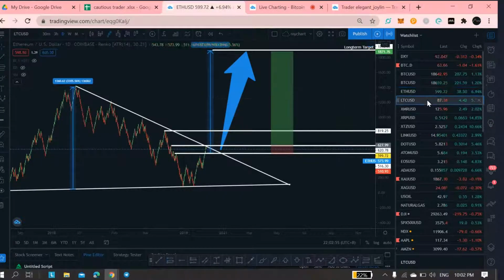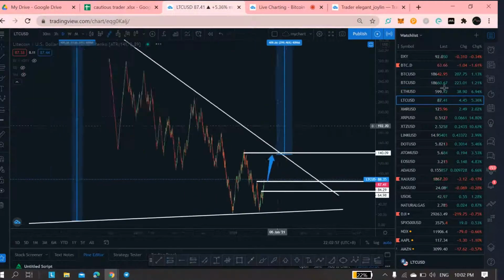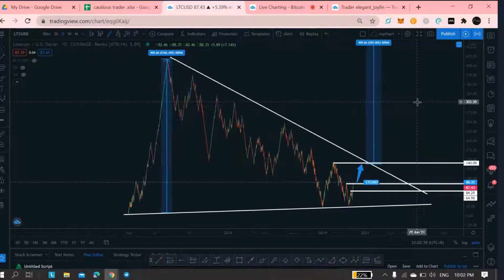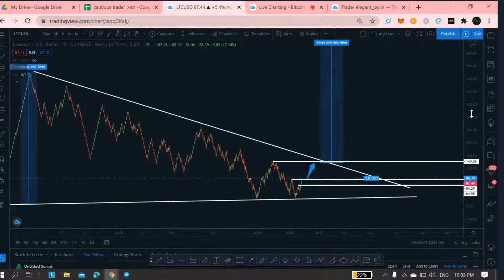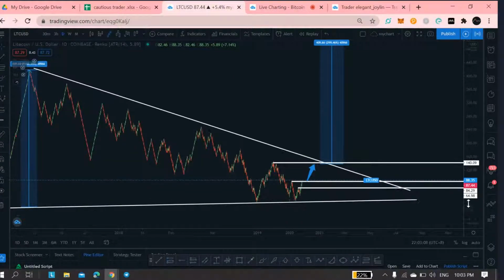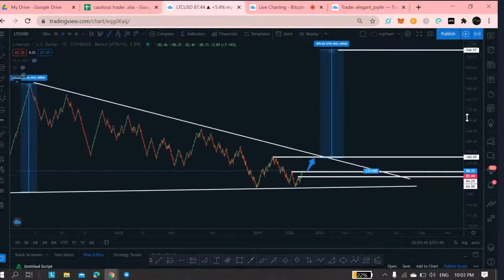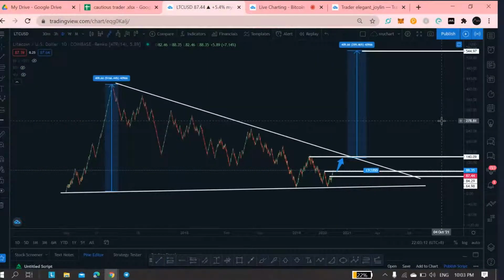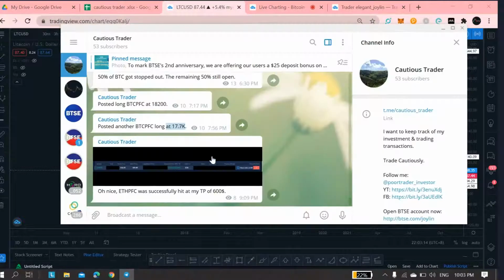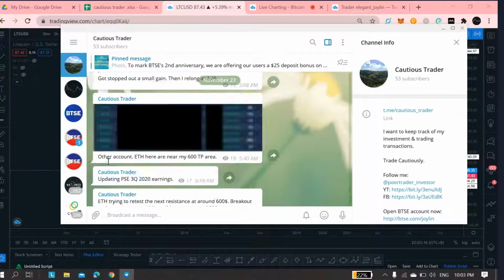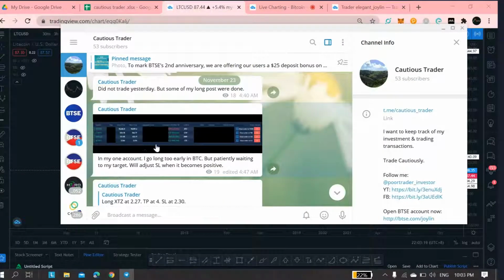So Litecoin, yeah, as I've mentioned before, my TP area, my long position was hit at this area, the 68 area, and then this weekend they dump it, so I got a position at I think an average of around 80, if I'm not mistaken.